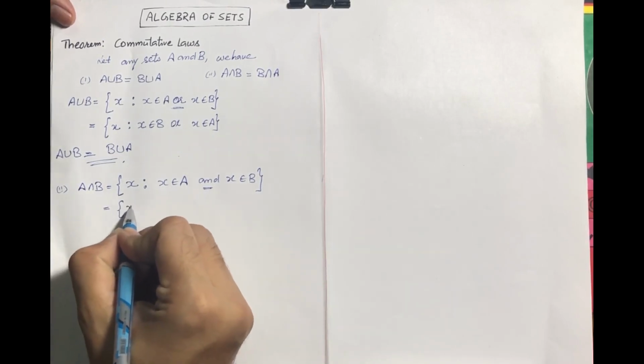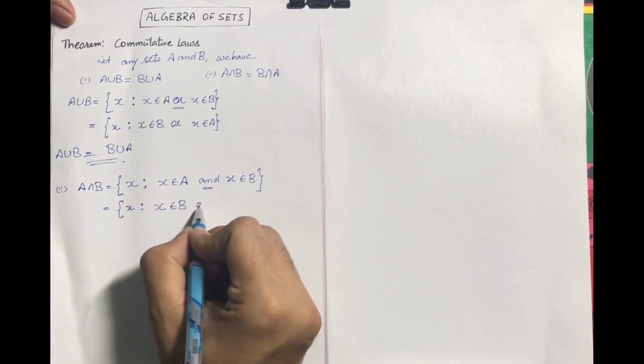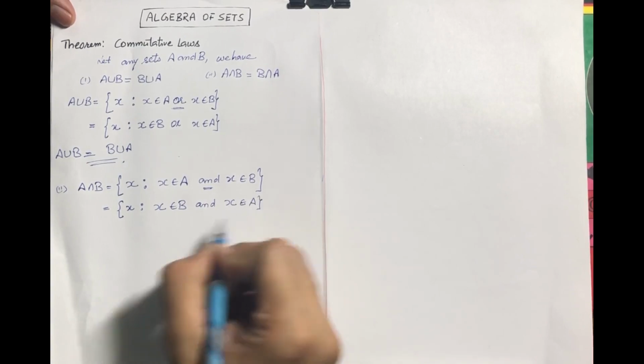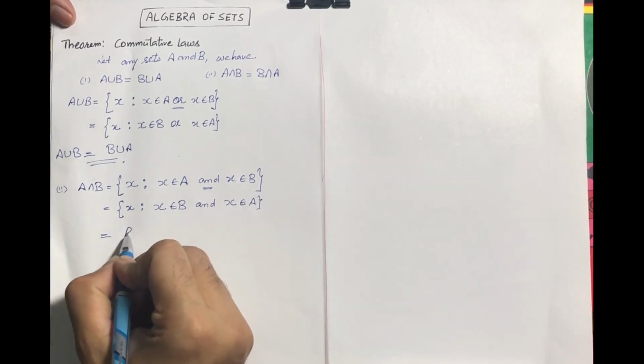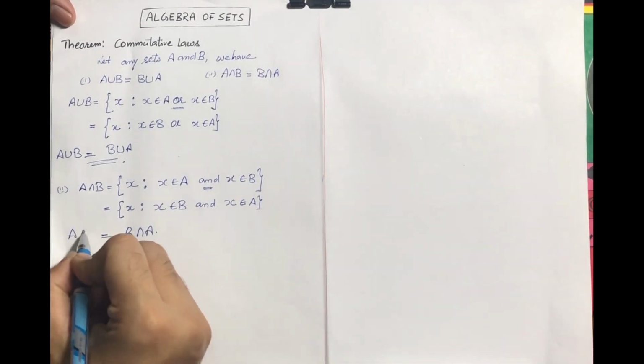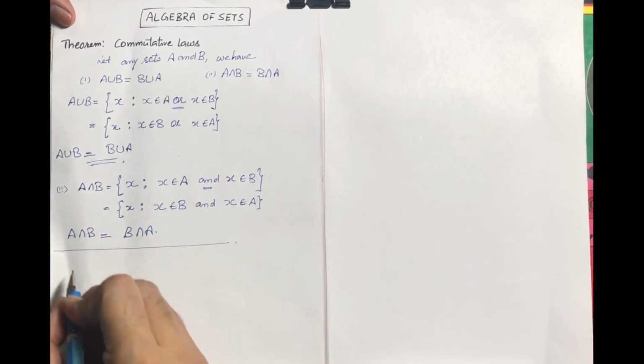So this may be written as x belongs to B and x belongs to A. So again this is B intersection A. This implies A intersection B is B intersection A.